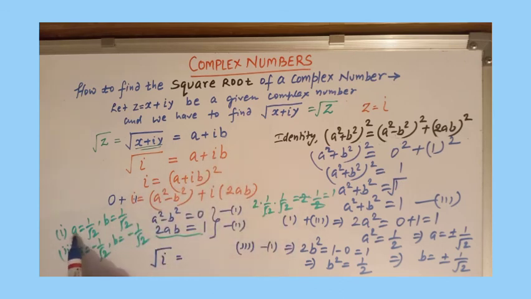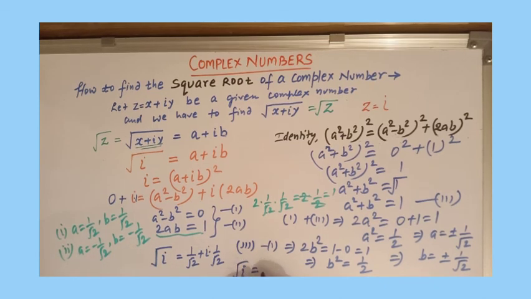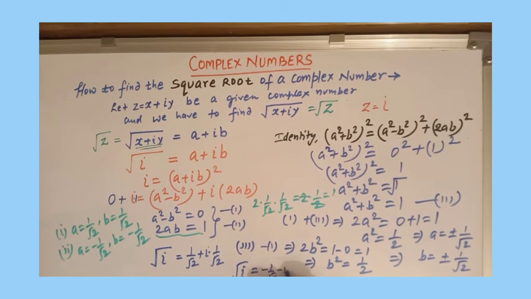So if I take this pair, then we have 1 over square root of 2 plus iota times 1 over square root of 2. And if I take the other pair, then we have the square root of i as minus 1 over square root of 2 minus iota times 1 over square root of 2.